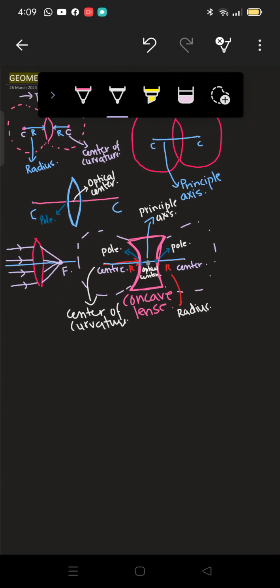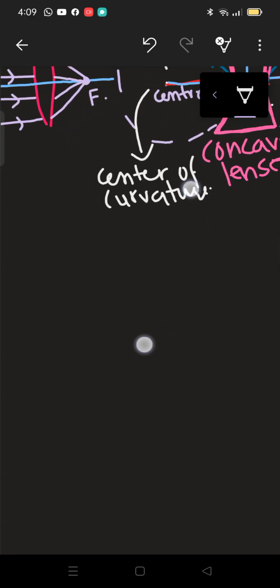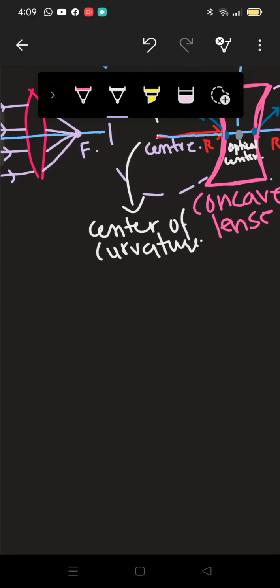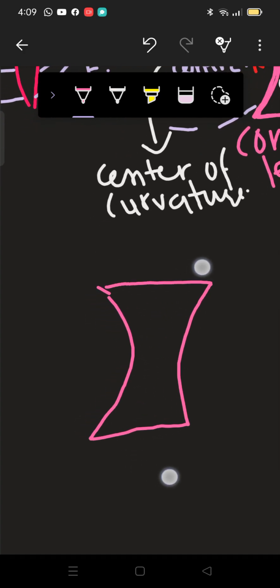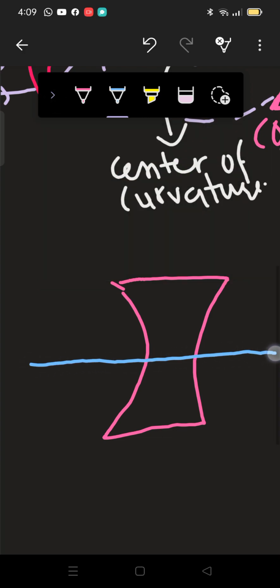Then the last terminology we discussed was the focal point. For the focal point I am going to make another diagram, because this is creating a mess now. Here we again have a concave lens and the principal axis. What is the focal point? As I told you in the definition, it is a point on the principal axis at which parallel rays of light, in this case, appear to converge.